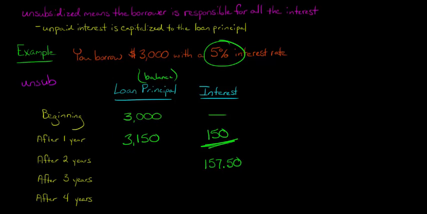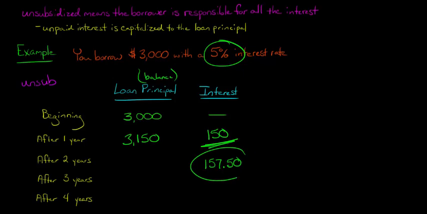Now, notice something. Assuming you didn't pay the interest at the end of the first year and you just let it be added to your loan balance, the interest that you incurred before is itself earning interest, or you're incurring interest, I should say. That $3,150 instead of $3,000 is being multiplied by that 5%.